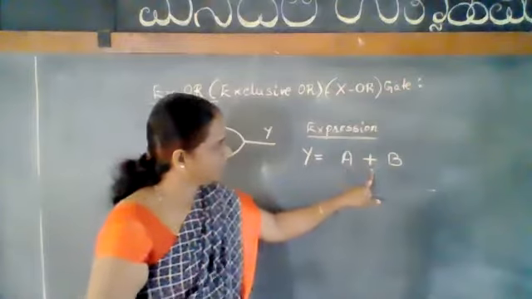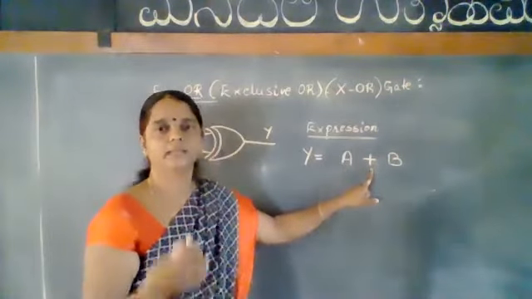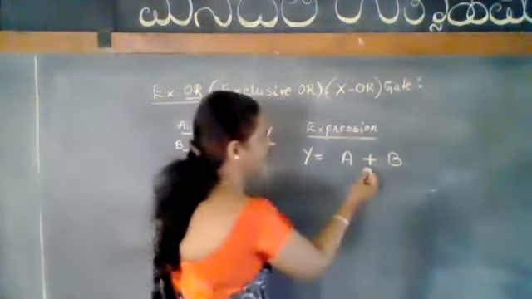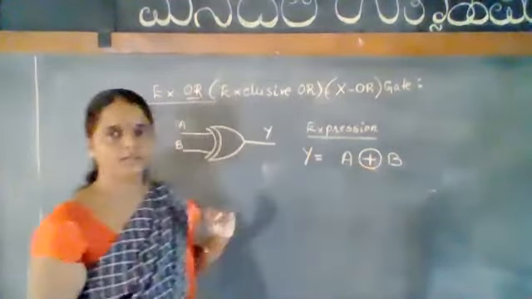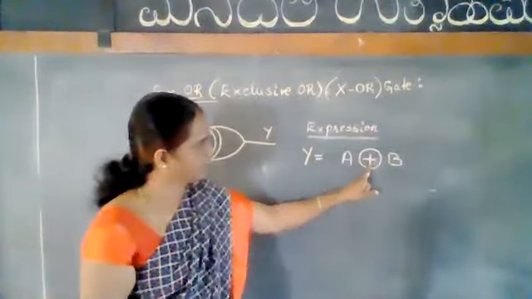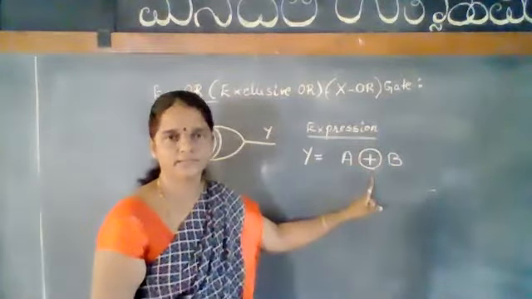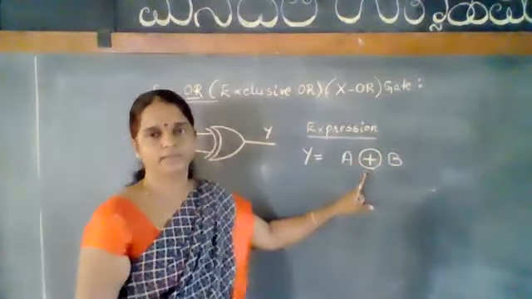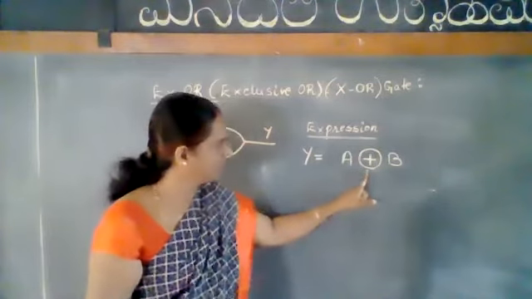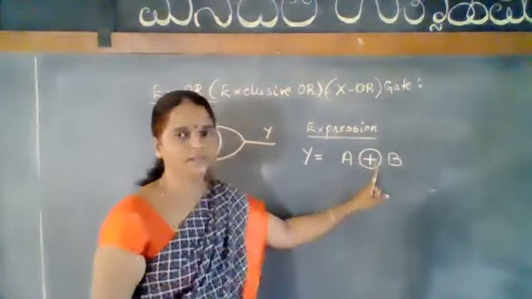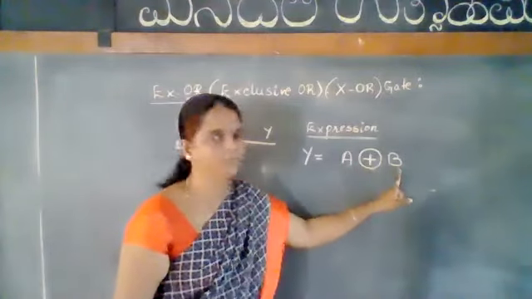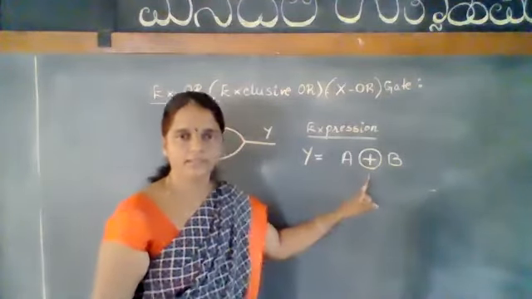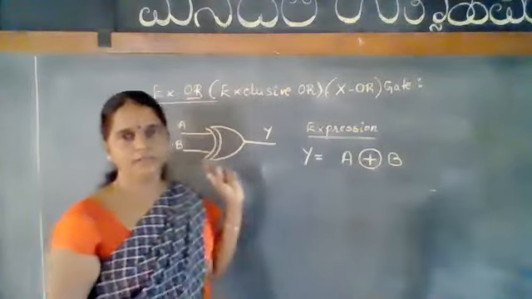So to indicate that this is exclusive OR, what you have to do is write one circle for this plus. A plus with one circle tells us that this is exclusive. So when you write like this, plus with one circle, you have to read this as A exclusive OR with B.